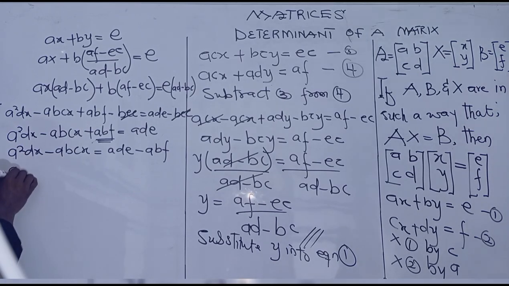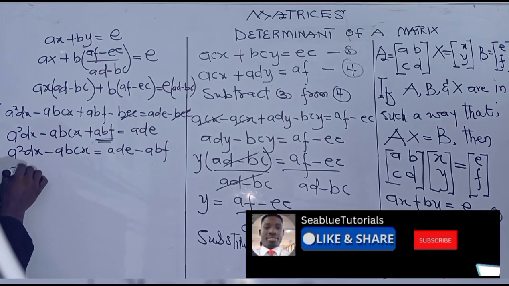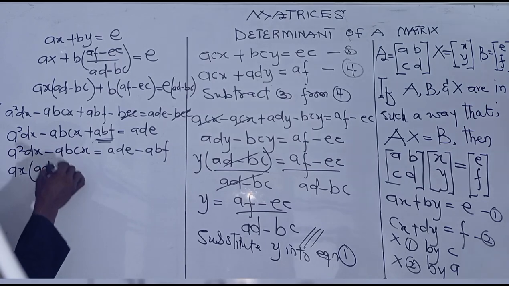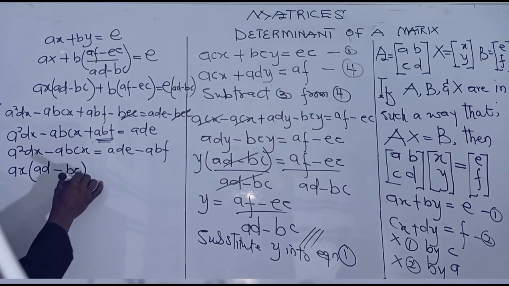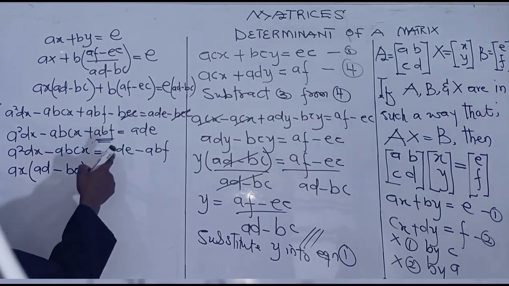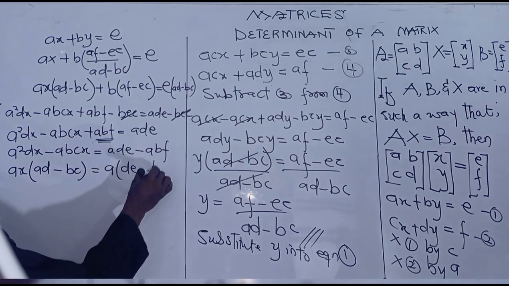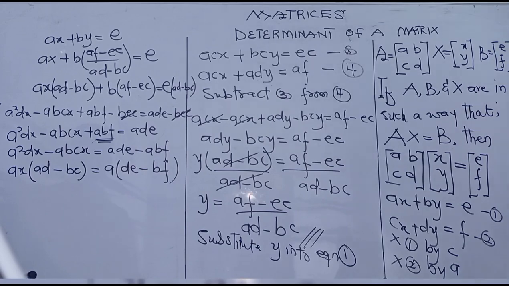From here, let's factorize AX out. We are left with AD minus BC, and this is equal to, factorizing A out, A times DE minus BF.